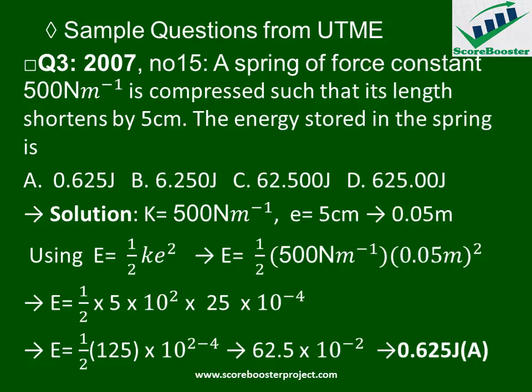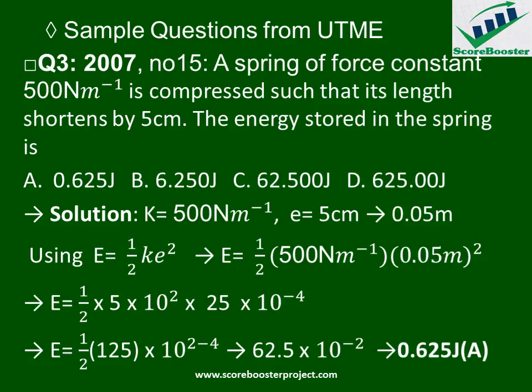The first step is to write out the given parameters, and from the question we are given the force constant k to be 500 Newton per meter. We are also given the extension, but from the question they said that the spring is compressed such that its length shortened by 5 centimeter.